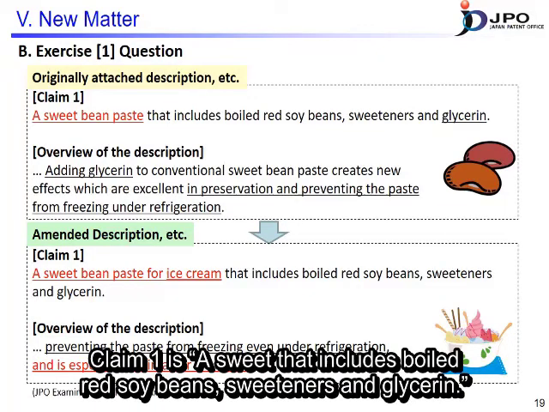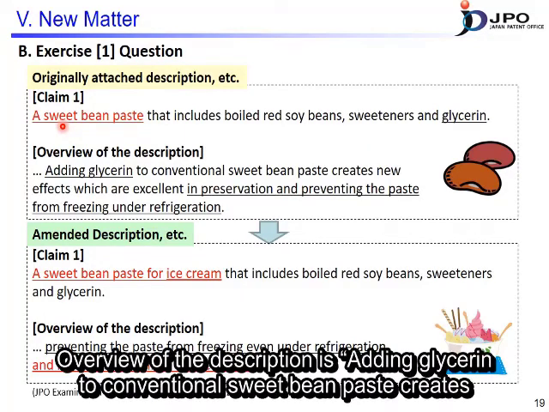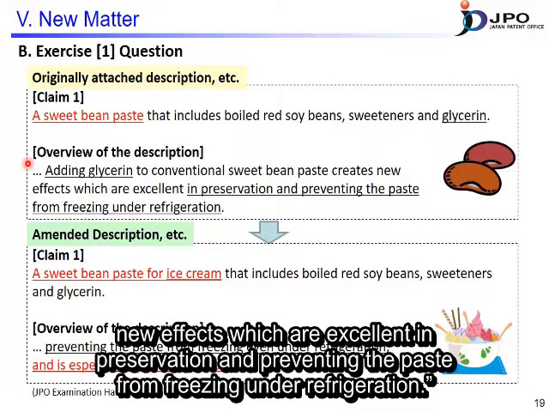Claim 1 is a sweet bean paste that includes boiled red soybeans, sweeteners, and glycerin. And overview of the description said, adding glycerin to conventional sweet bean paste creates new effects which are excellent in preservation and preventing the paste from freezing under refrigeration.